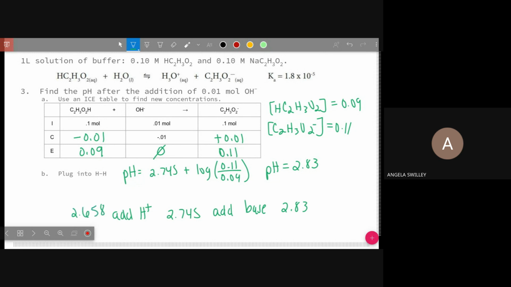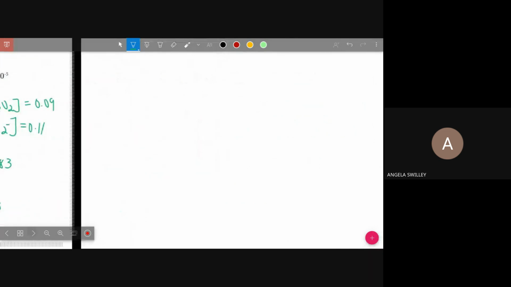But this is not a huge change. When you change from like pH of 2 to pH of 3, that's a tenfold change. That's a big change. But this is a very slight change. And it's because it was a buffer solution, so it's able to resist that drastic pH change.